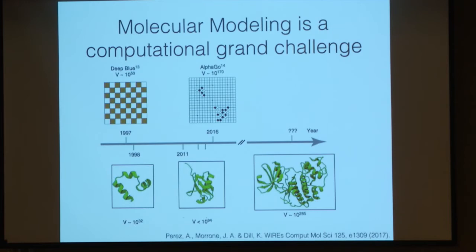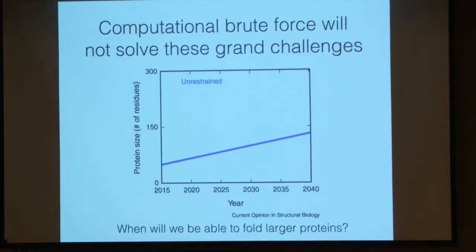Things that are 300 residues or so. The average size of a protein in a human is about 300 residues, and we are nowhere near folding things of that size. So the big problem is the scaling problem. The more particles you have in the system, the more atoms you have, the worse you scale up.